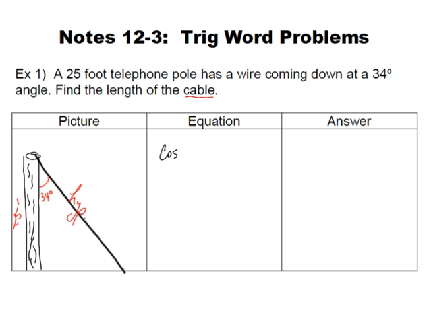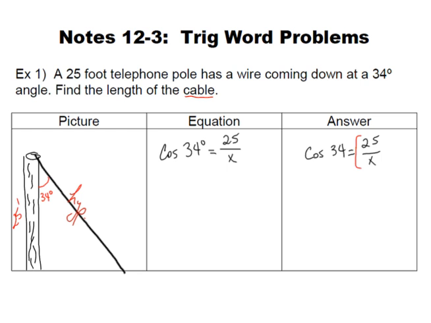So I'm going to do the cosine of 34 degrees is equal to 25 over x. There's my equation that I have to solve. So to solve it, cosine of 34 is equal to 25 over x.